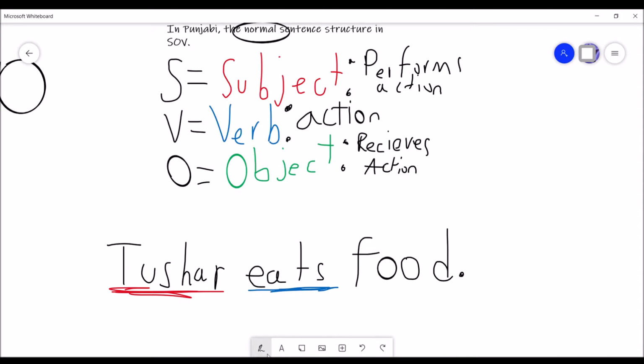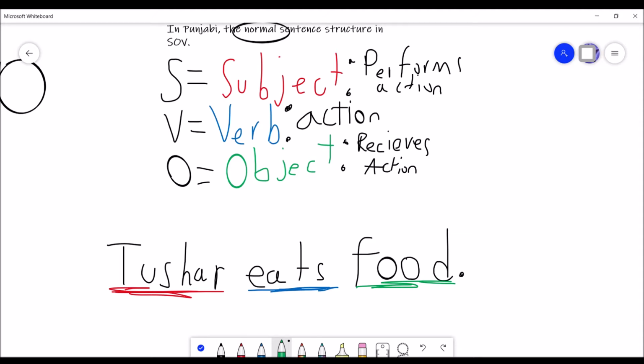In this sentence, food would be the object because I am eating the food, right? Eating is affecting this object because it is being eaten. It's receiving an action. The verb is the action. I am eating. Eats is the action. And subject is who is doing it.